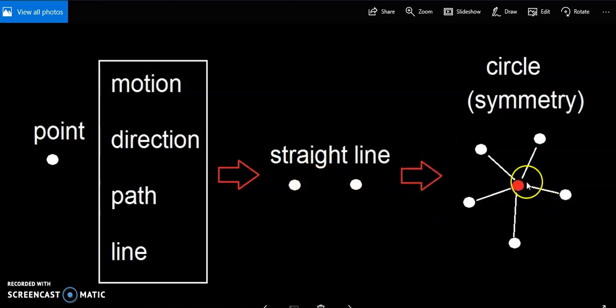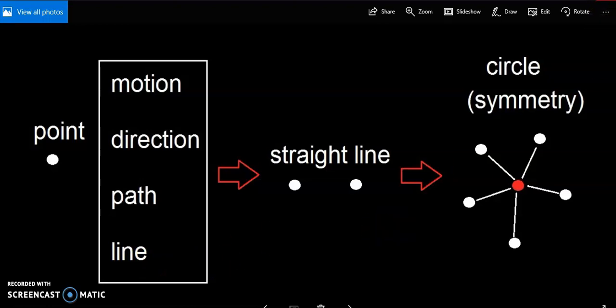It's very important, because without that requirement, you can't properly define a circle. We covered all this, and before we could get from point to a straight line, we had to define all these concepts: motion, direction, path, and so on.